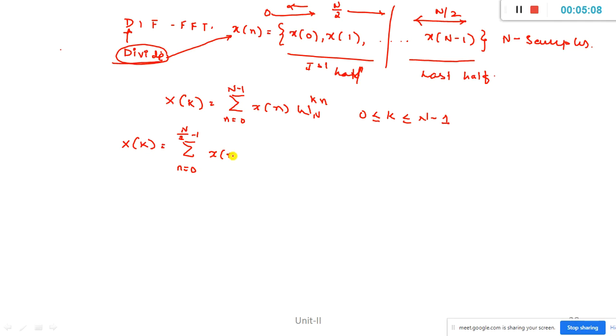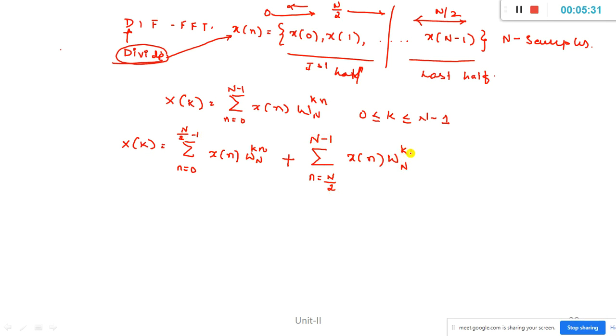So I take x of n W_N^{kn}, along with that plus, once again, the next sequence will be starting from n by 2. So after n by 2 minus 1, the next sample will start from here and go up to the last sample. So this is my next samples of x of n.